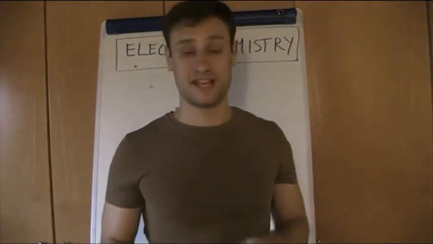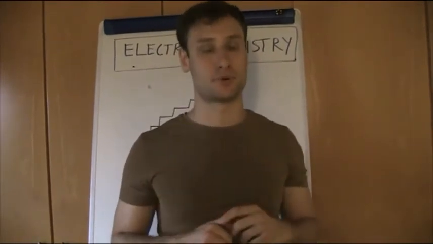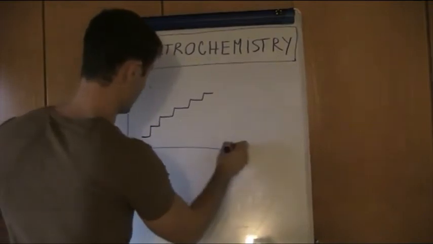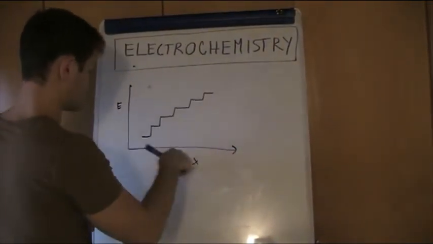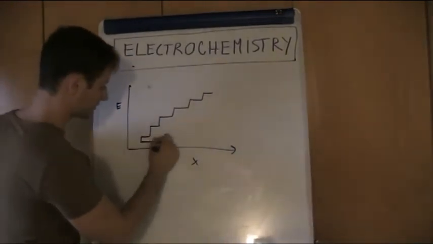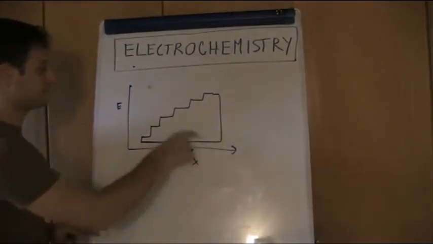But actually, the only type of potential that we can appreciate from an experimental, practical point of view, if this is the pathway of the potential versus the distance, is the potential difference between one electrode and the other one, the final DTP.